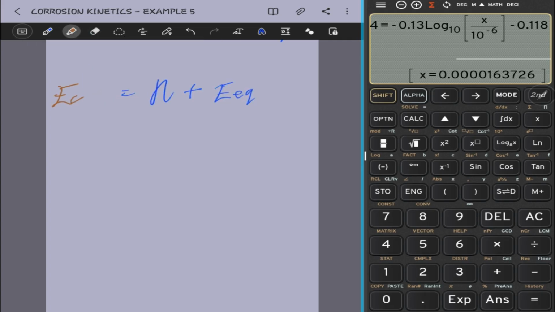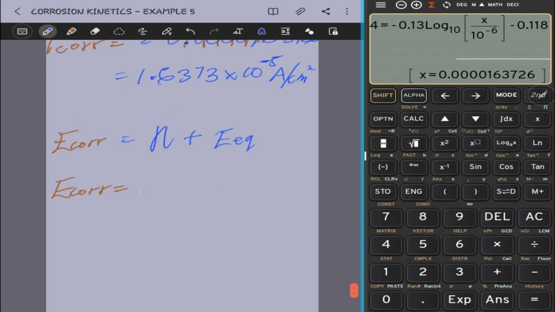So E_corr, we can get the overpotential, and then we have the equilibrium. So the E_corr that we are looking for will be equal to the overpotential plus, since we are using anodic, the equilibrium potential for the anodic as well.